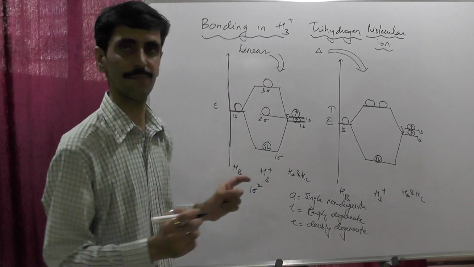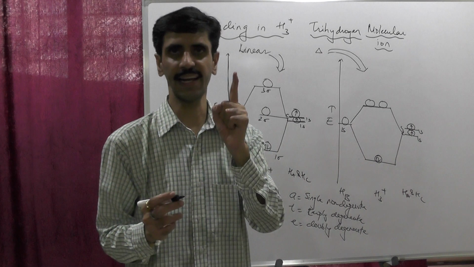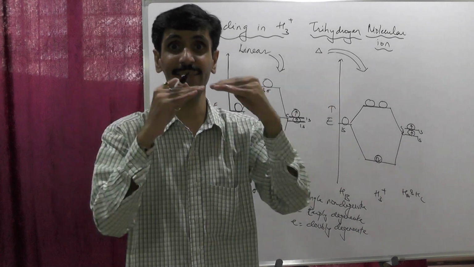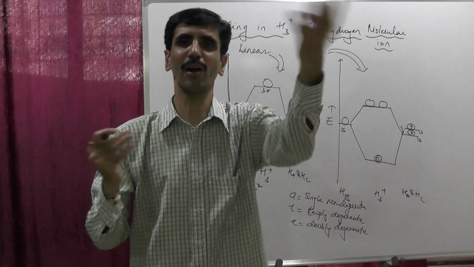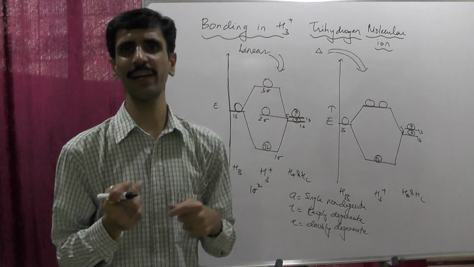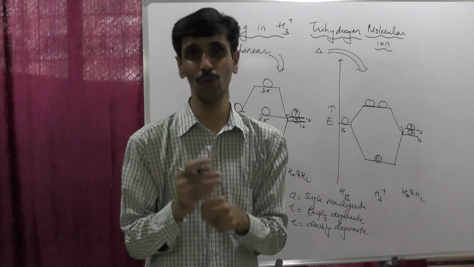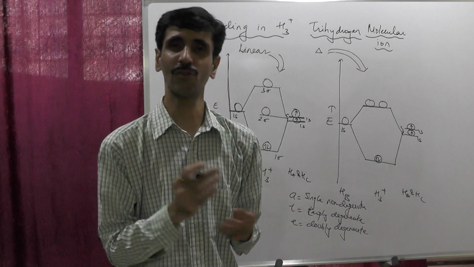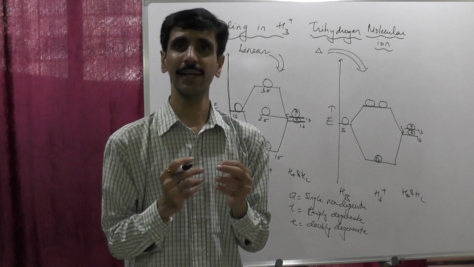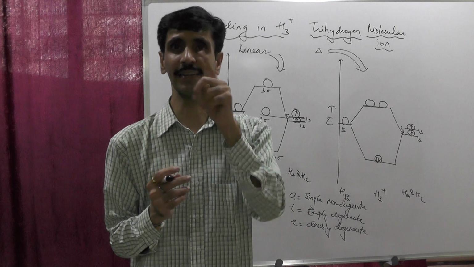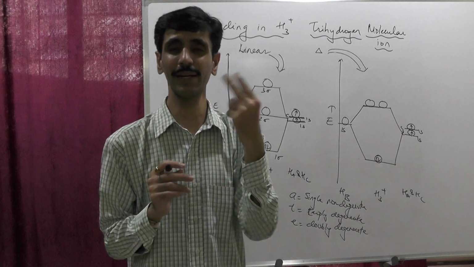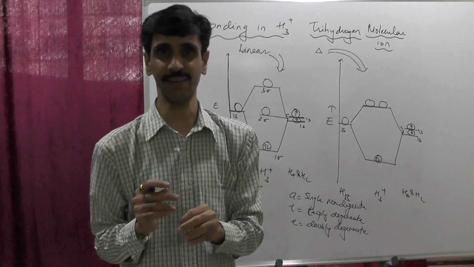These are the three symbols. A is single, non-degenerate. Degenerate means what? Energy level same. Since there is only one, obviously we cannot say same, because for same there has to be at least 2. So we say it is non-degenerate. Triply degenerate means there are 3 orbitals having same energy. Doubly degenerate means there are 2 orbitals having same energy.